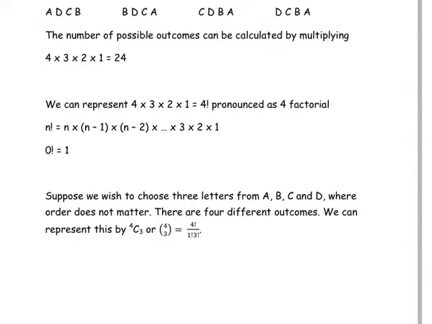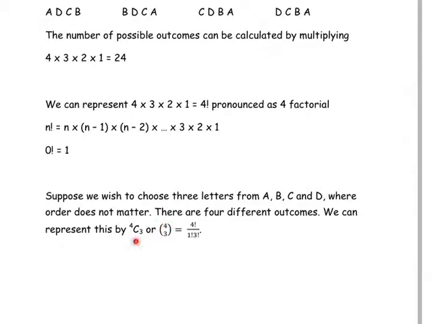And we can represent this by this symbol here, 4C3, where the C refers to combinations. So 4 letters, but we want to pick 3 of them, or 4 over 3. And this is a useful notation when we come and look at binomial expansion on the next video.